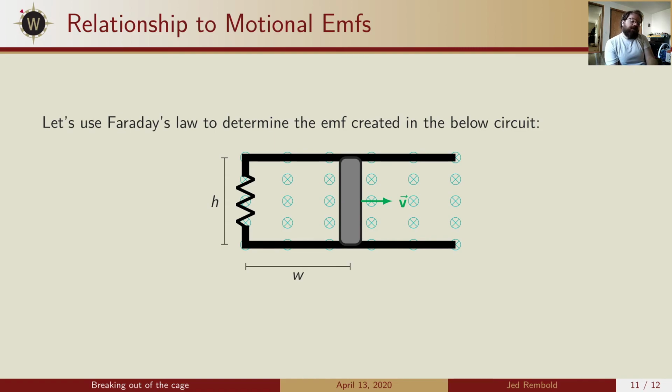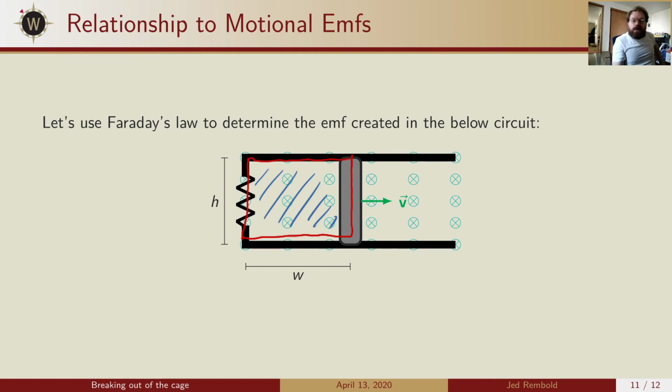But we have another way that we could look at it that actually might be a little bit simpler now that we have these ideas of Faraday's law. So by Faraday's law, we could argue, and I think I can just draw this on the slide itself here, that, oh, well, what I have here is a loop, and I have a certain amount of magnetic field pointing into the page on the interior of that loop.